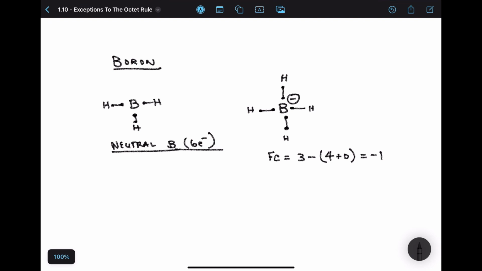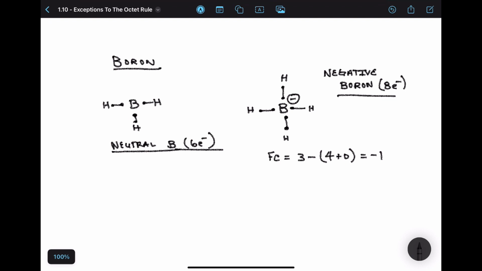It does have its octet, so a negative boron will have its octet, so it's not violating the octet rule, but it will be negative. We spoke earlier in the video, in a different lesson, about the tension between wanting a neutral atom and also trying to achieve the octet.